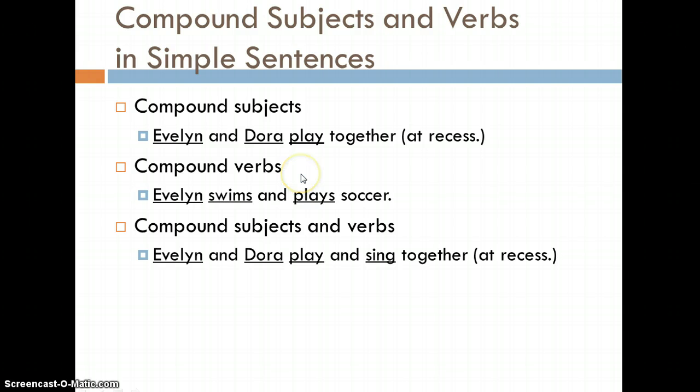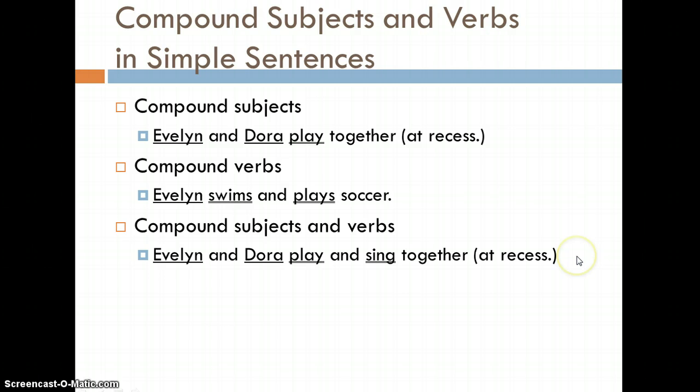We may have more than one verb in a sentence. Here's an example. Evelyn swims and plays soccer. The actions are swims and plays. And if we ask who swims and plays, our subject is Evelyn. Our last example is a sentence with compound subjects and verbs, when we have more than one subject and more than one verb, yet still in a simple sentence.